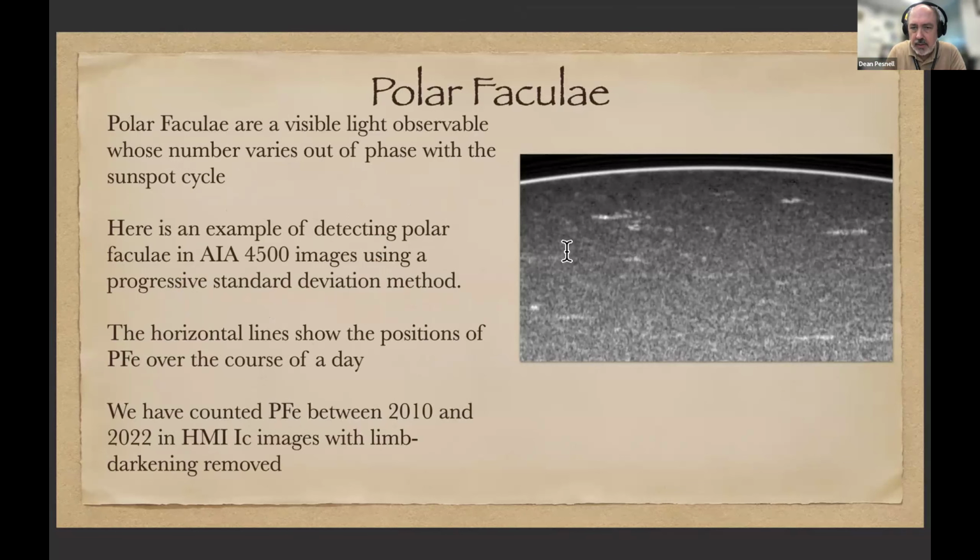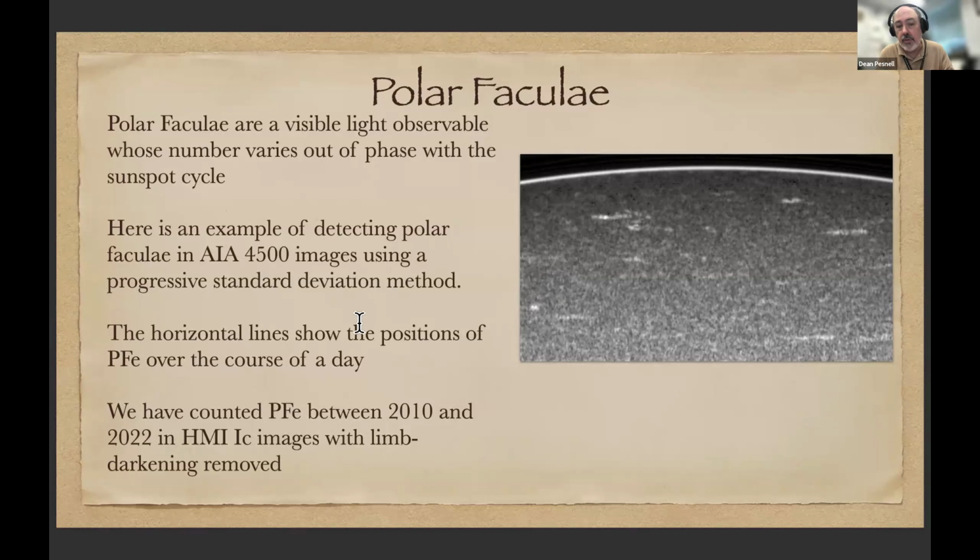Can you see my cursor? Yes. Okay, so these streaks here, these are polar faculae, and we were able to actually measure the lifetime of the faculae quite well using this. For instance, this faculae down here lasted somewhere on the order of 2 to 3 hours, because it only shows up in 2 images of the AIA 4500.